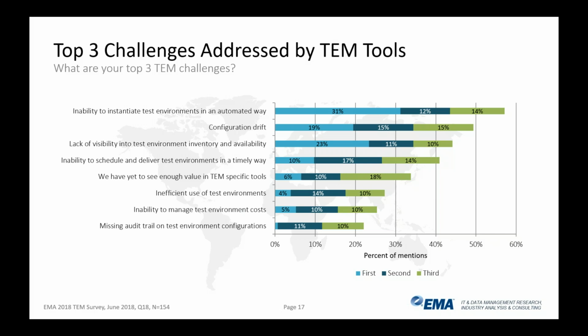Does this mean that TEM tools are not being used effectively, or does it mean that the coordination between TEM tools and other DevOps tools is creating inconsistencies? Although the instantiation of test environments currently falls outside the purview of TEM tools, it does need to be on their agenda.